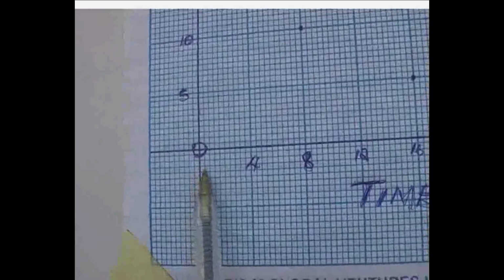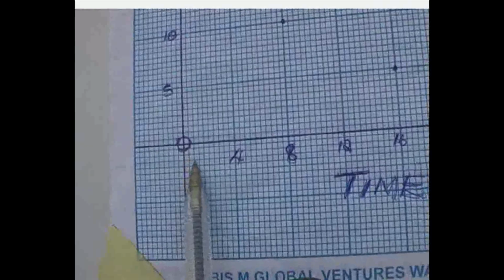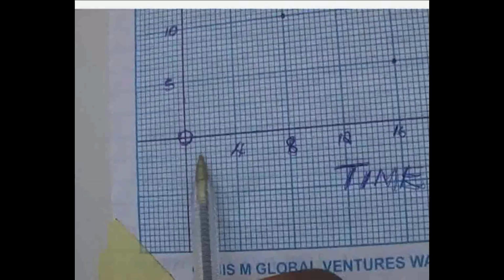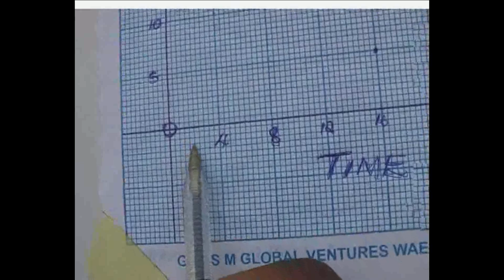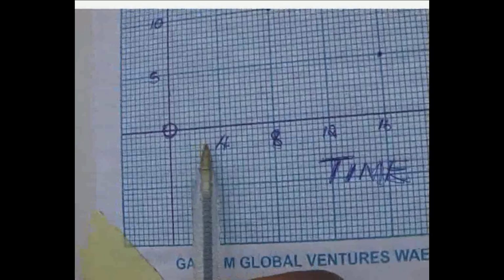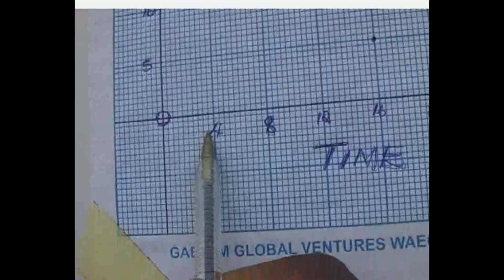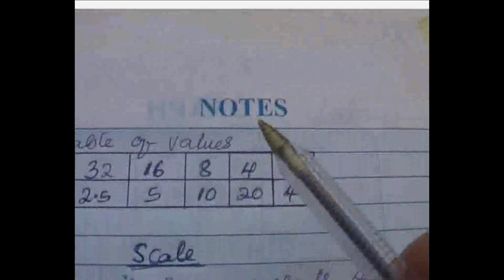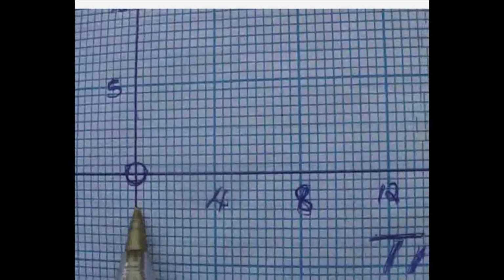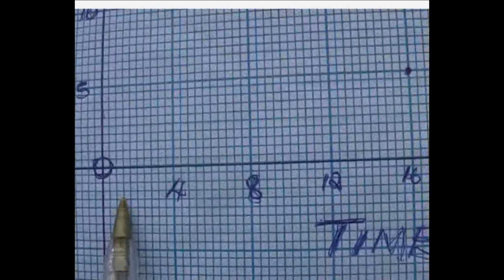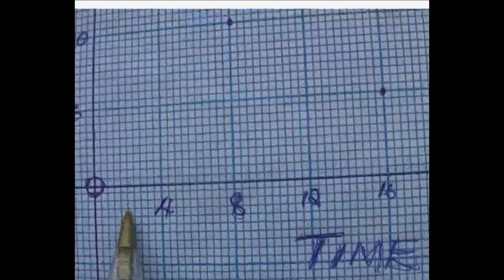That means from here to here is 0.4, 0.8, 1.2, 1.6, 2, 2.4, 2.8, 3.2, 3.6, then 4. That means our 2, which we have from the table of value, is going to be 0.4, 0.8, 1.2, 1.6, 2. So it's going to be here.